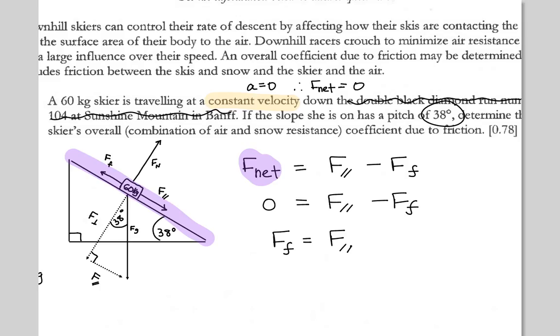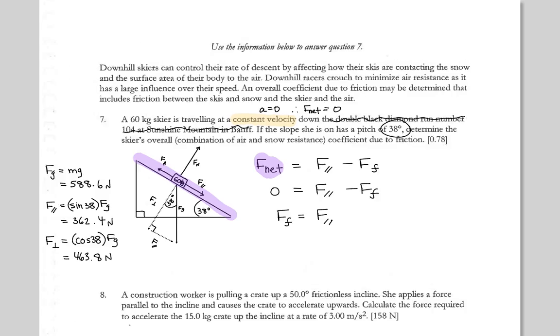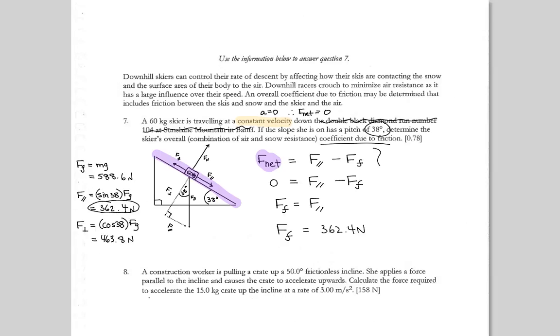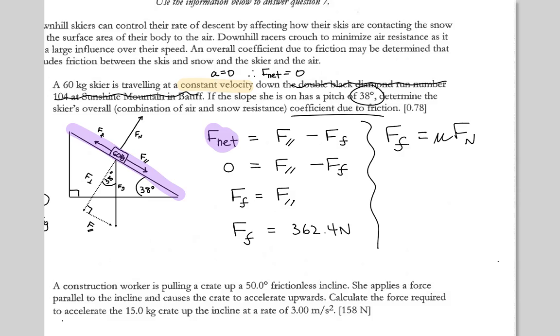Okay, so Ff is F parallel, so Ff is this 362.4 newtons. That's from over here. And they want the coefficient of friction. That formula, right from the formula sheet, is Ff = mu Fn. Divide out Fn.